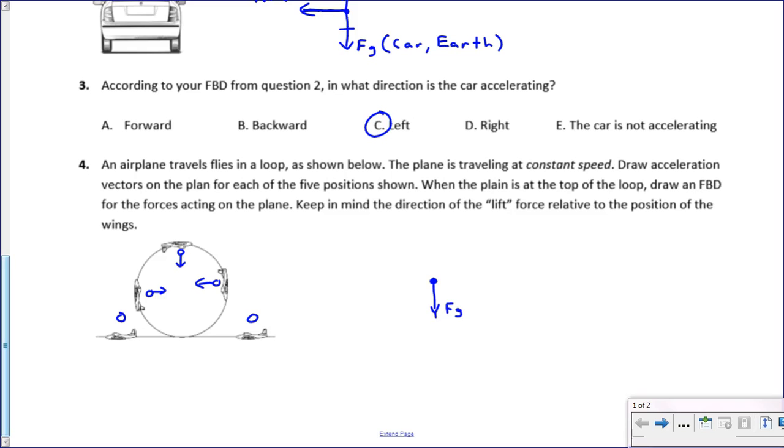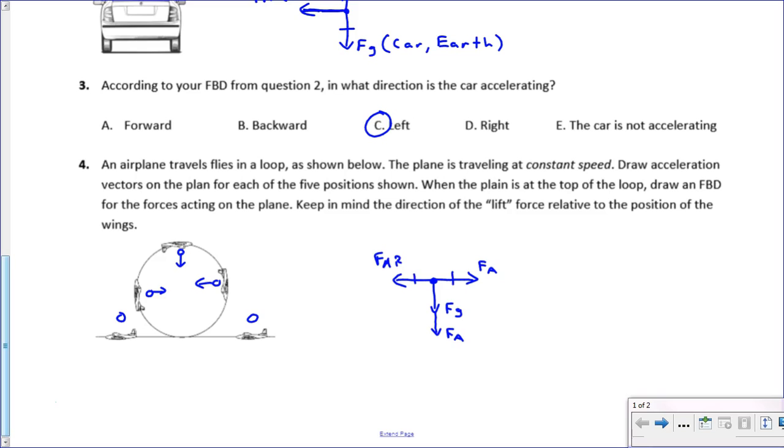But in this case, because the plane is upside down, that lift force, which comes from the curvature of the wings, ends up pushing the plane down. And then lastly, if you think about it here, it's going to the right. There's some sort of propulsion force probably pushing it forward, and there's an air resistance force pushing it back.